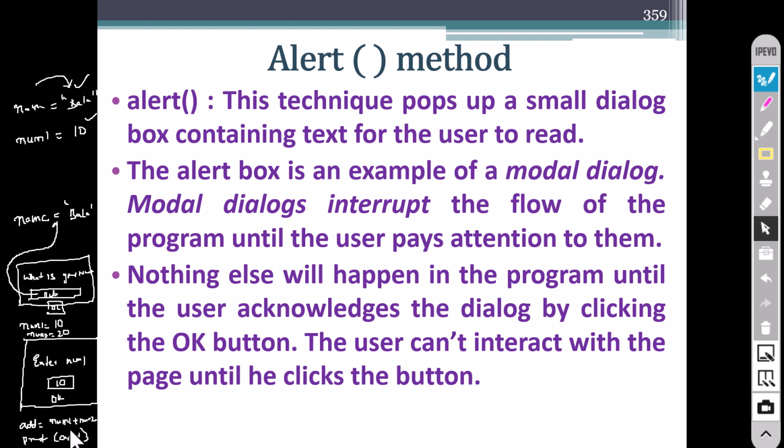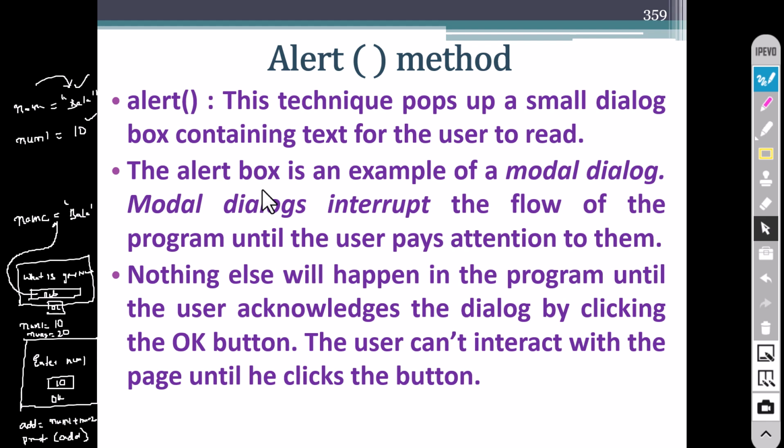So if you have the number added, and then if you want to just print that value, you use the alert box. Now nothing else will happen in the program until the user acknowledges.